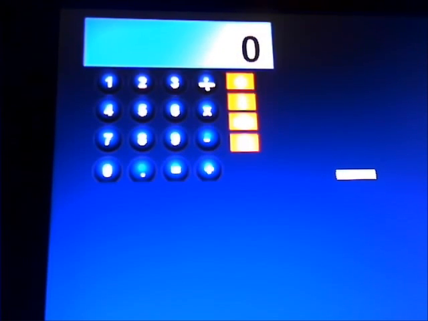Now again, to show it in the simplest possible form, 1 plus 2 plus 3 plus 4 plus 5 plus 6 plus 7 will equal 28.